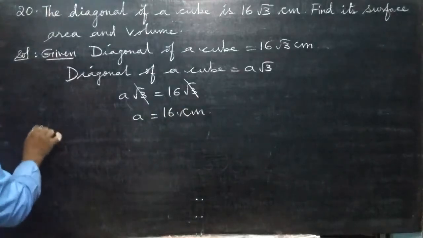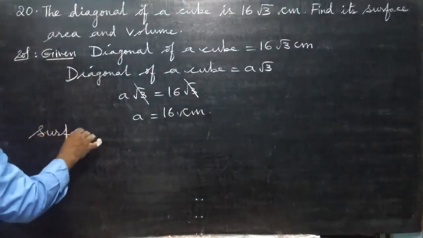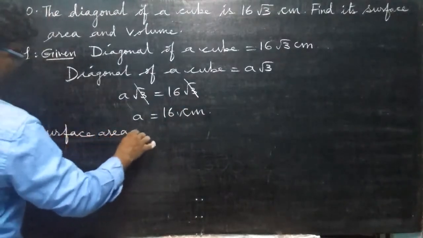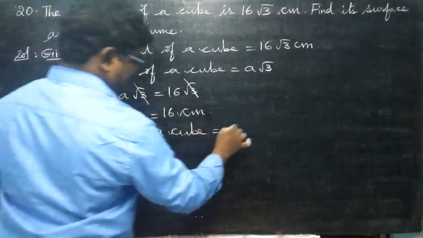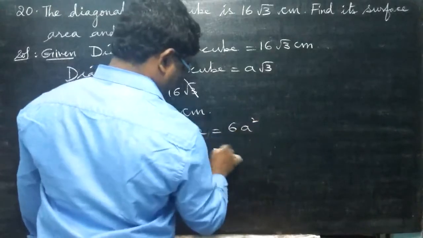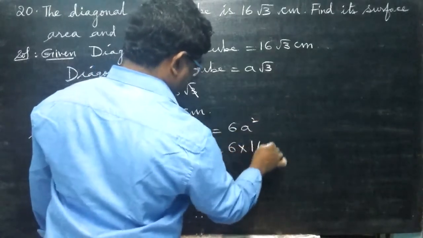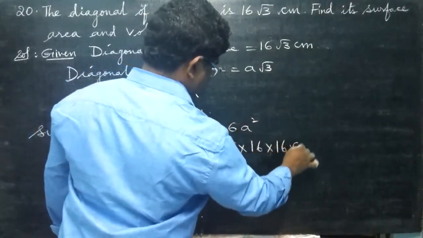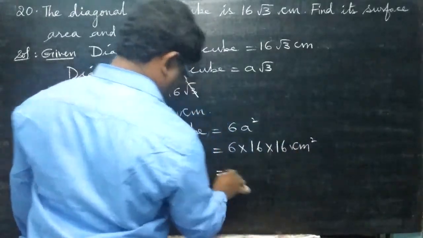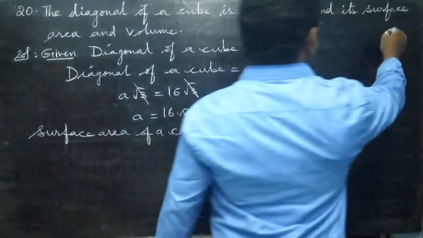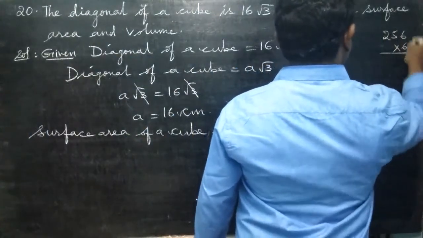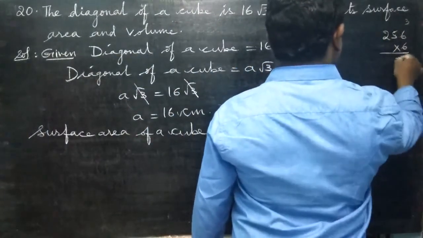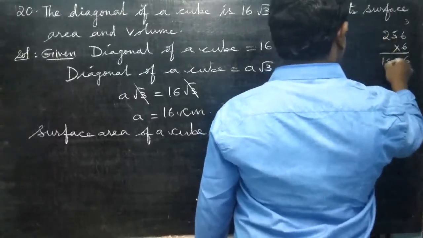Now they are asking to find first the surface area of a cube is equal to 6a square. 6 into 16 into 16 centimeters square. 16 16s, 256 into 6. 6 6s are 36, 3, 3 3, again 3, 12, 15.